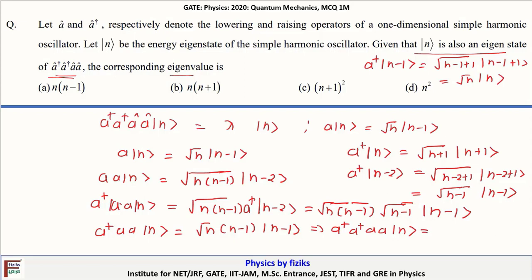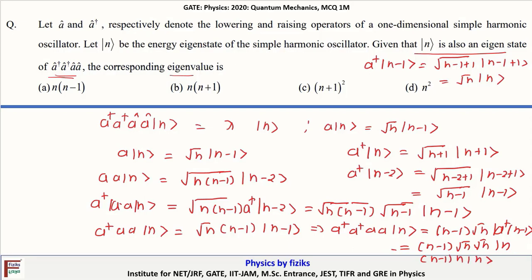So I can simply write it down: root n minus 1 into root n into a dagger |n minus 1>, which gives me the result root n minus 1 into root n into state |n>, and this term is nothing but what? n minus 1 into n, or n(n minus 1).